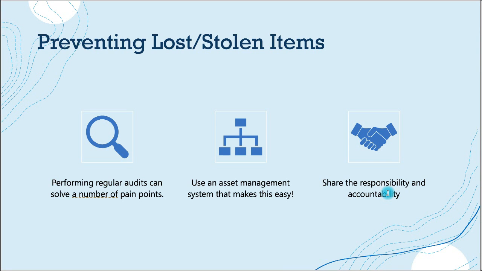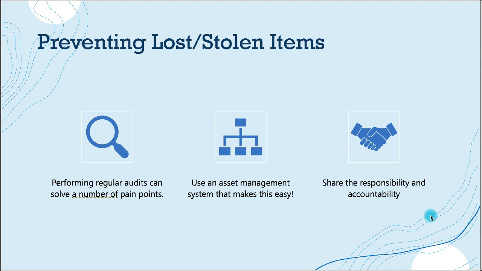And Asset Panda makes that really easy to do. There's an unlimited user model that can be implemented to ensure that these folks have the tools necessary to make sure that they are helping, right? And they are doing their part and they're accountable for those items.